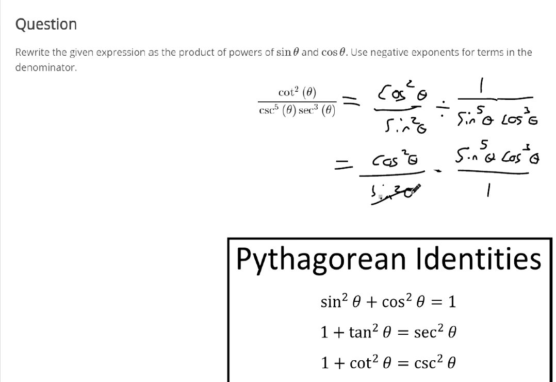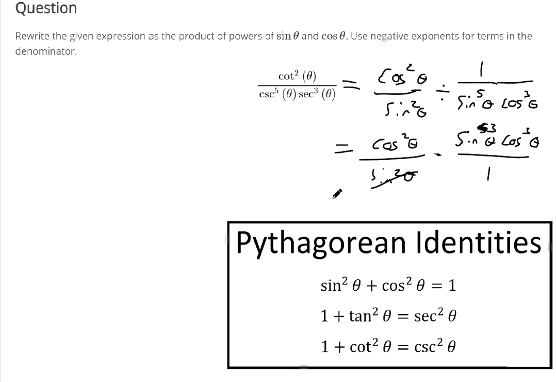So sine squared and sine to the 5th, that'll get reduced to sine to the 3rd. So it looks like we're going to have sine to the 3rd theta cosine to the 5th theta.